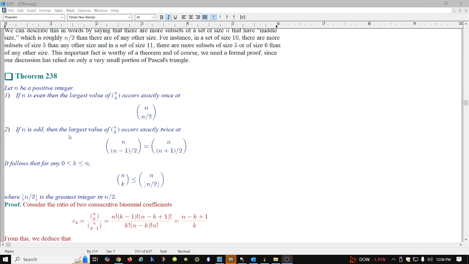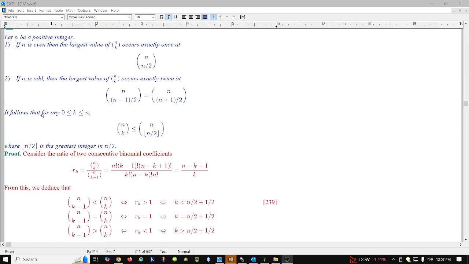If n is odd, the largest value of n choose k occurs exactly twice, at n choose (n minus 1) over 2, the greatest integer in n over 2, and also at n choose (n plus 1) over 2. And so it follows that all the binomial coefficients n choose k are less than or equal to n choose the greatest integer in n over 2.